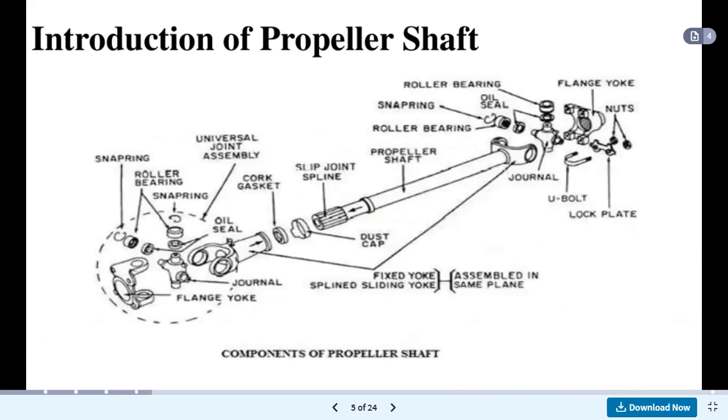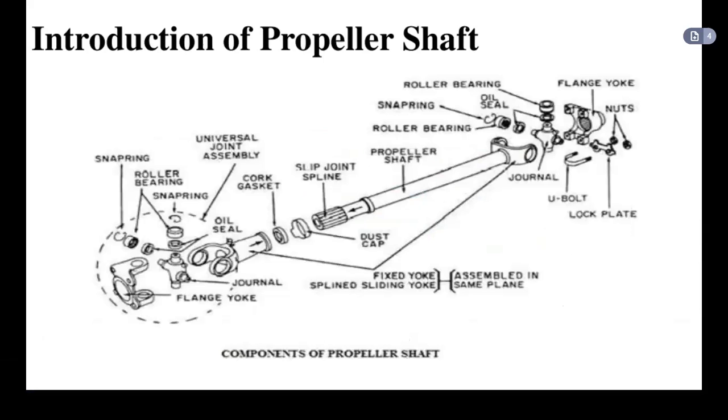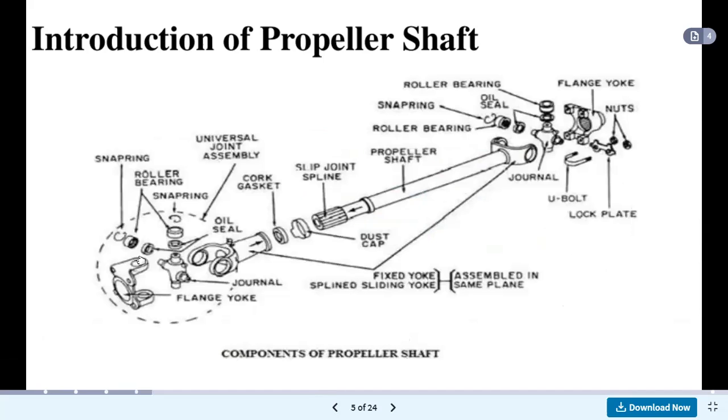If we see the components of propeller shaft, a lot of components are there. These are the snap ring, then roller bearings are provided. Again snap ring, then universal joint assembly. All this universal joint is connected with all these components, and it makes the joint. Then cork material is used for making this gasket. Then slip joint, spline is provided.